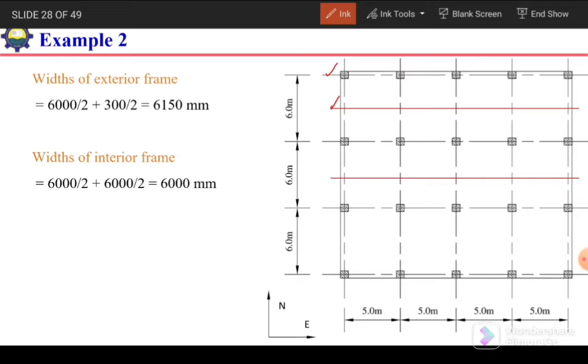The center line to center line of the column is 6 meter, so half of it is 3 meter or 3000 millimeter. But we have a projection of slab from the center line of the column. This projection is actually equal to half of the column width. So we will add half of the column width to get the total width of this frame. So 6000 divided by 2 plus 300 divided by 2, because the size of column is 300. So this is the width of exterior frame.